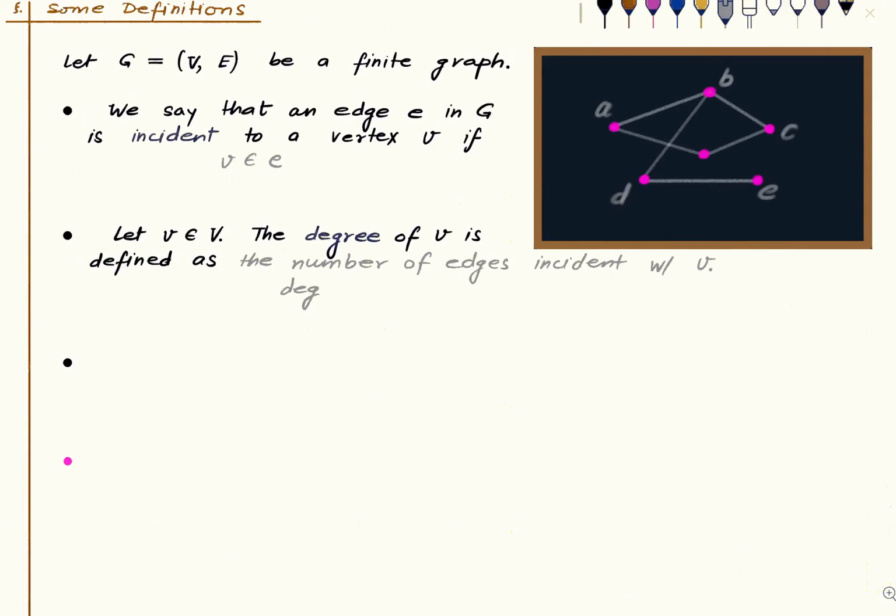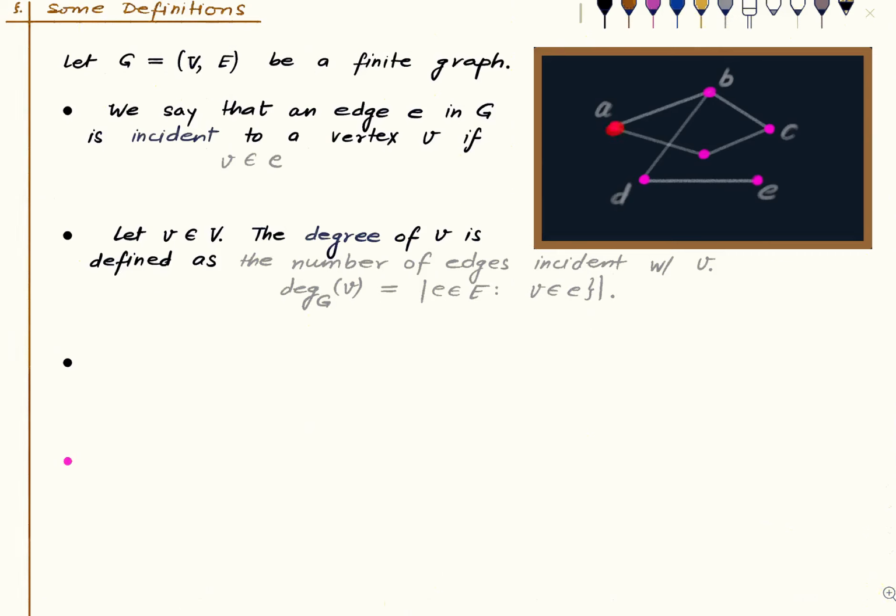You can also not put brackets. If you want to emphasize which graph you're working with, you can put a subscript, but if there is no confusion, you may drop the subscript. In symbols, it is the cardinality of the set of all those edges which have v as an endpoint. So that's the degree of a vertex.